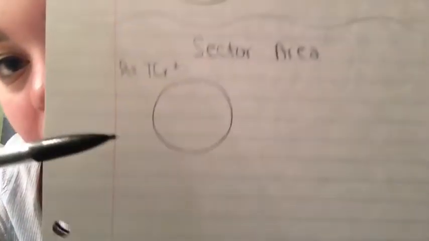So I'm going to draw another circle. Here's my formula. Here's my circle. Draw another dot. You always have to have a dot in the middle of your circle. Always. So I'm going to say my radius is 12 inches. Almost always they'll give you a unit.